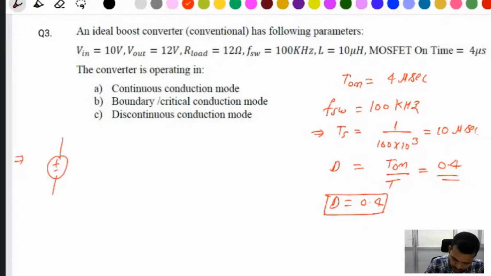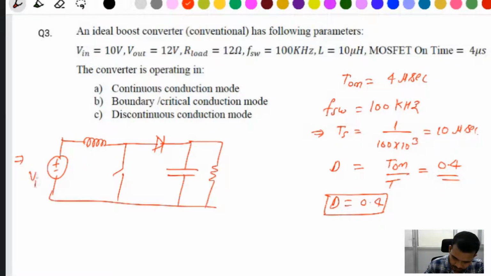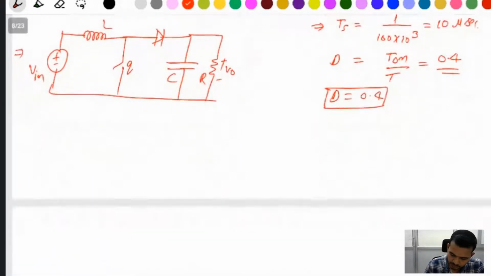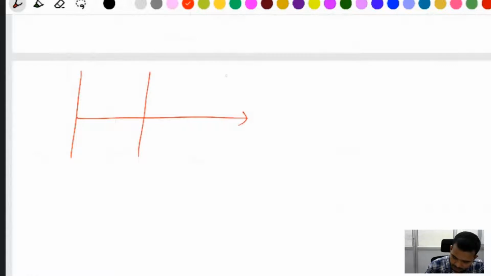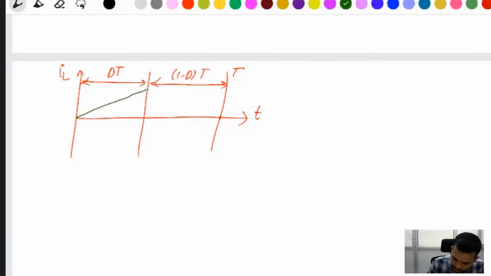See here, an ideal boost converter has V in, V naught, R, C, L, Q. We know here for the boundary condition, the inductor current IL with respect to time: on time period is DT, off time is 1 minus D T, total time period is T. This one is the charging curve, and this one is discharge.